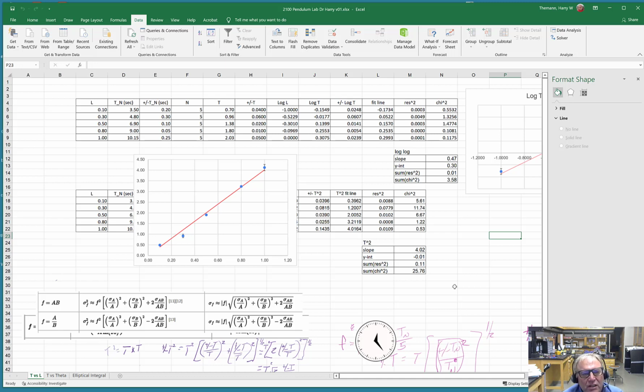So I bet it's adding at least half a second, if not more. So we could certainly add at least half a second to each one of these. Let's see what happens. I'm interested in that.